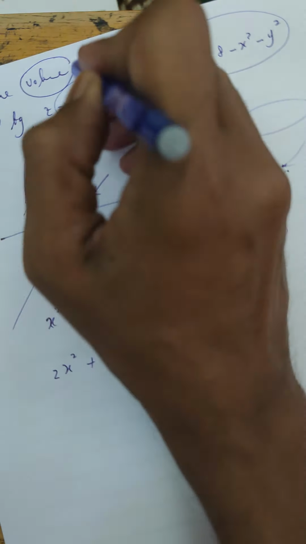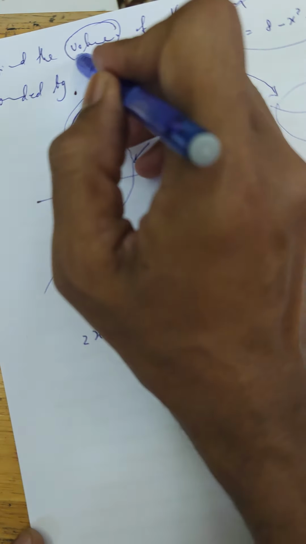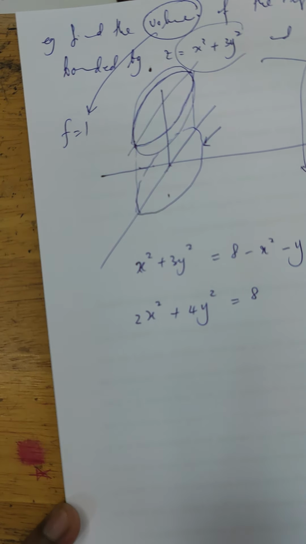Another thing is that we need a volume integral. So for the volume integral, we need f equal to 1.